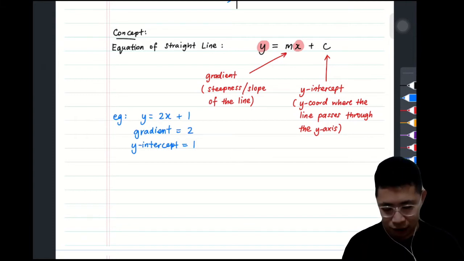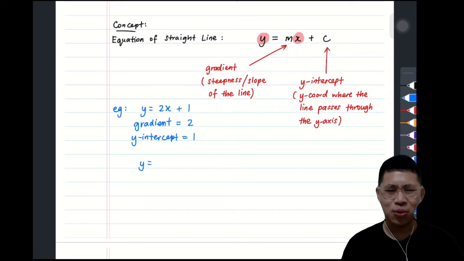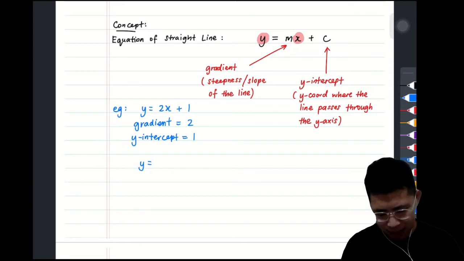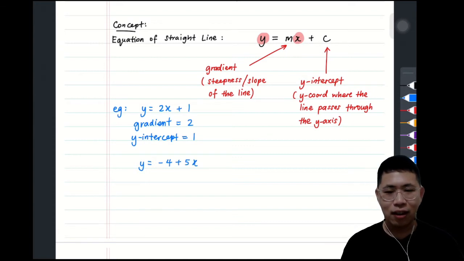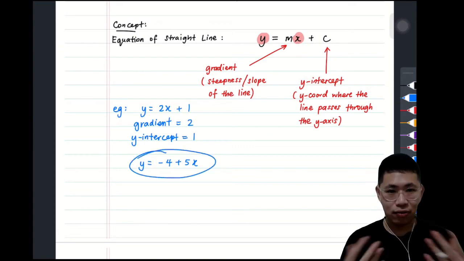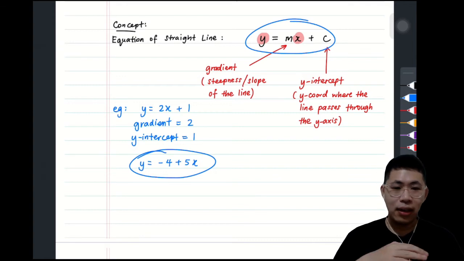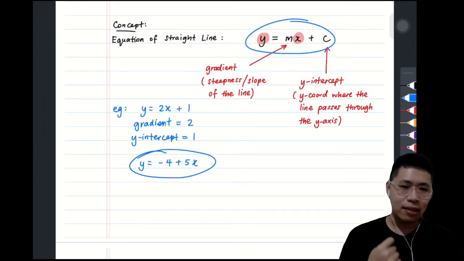Let me give you another example. y equals maybe negative 4 plus 5x. As you can see, this equation is not written in the form of y equals mx plus c. We need to rearrange it such that it is y equals something x plus c.